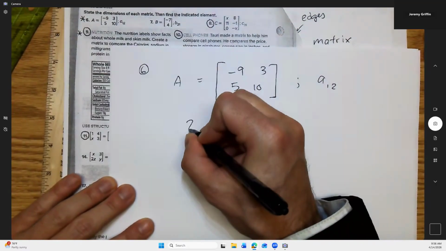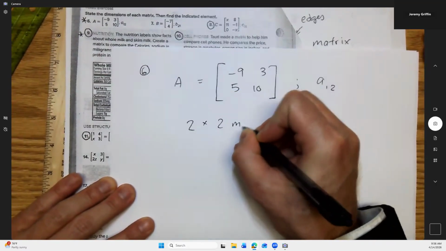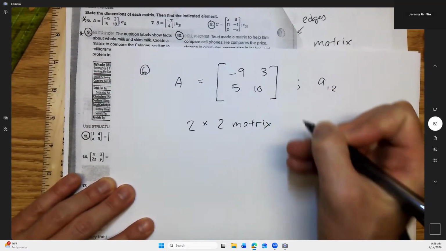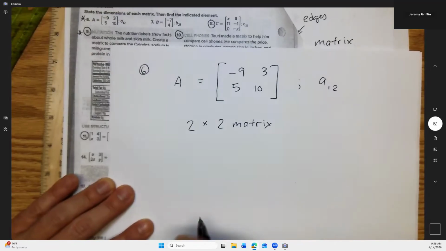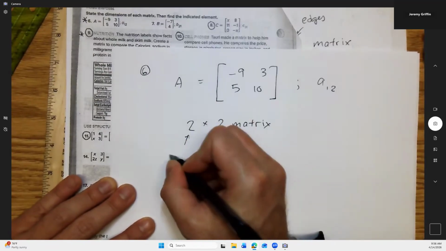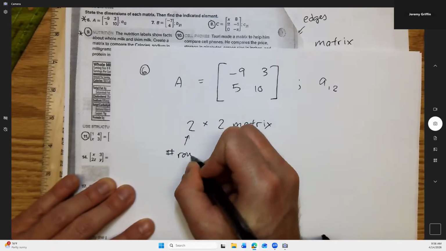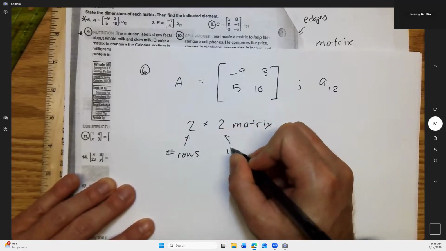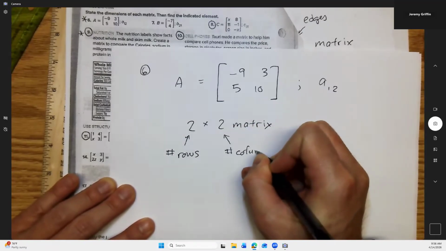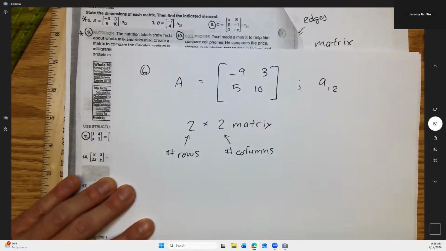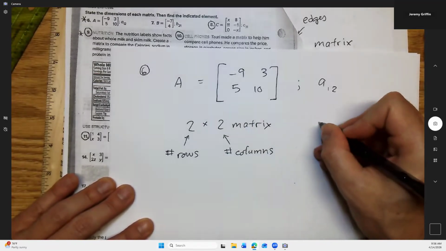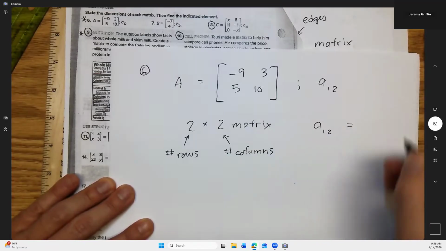I would say this is a 2 by 2 matrix. The first 2 is the number of rows. The second 2 is the number of columns.